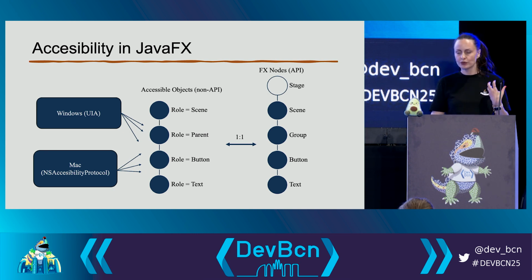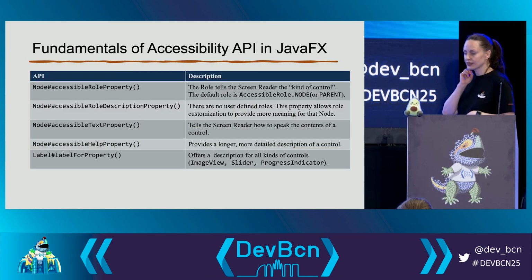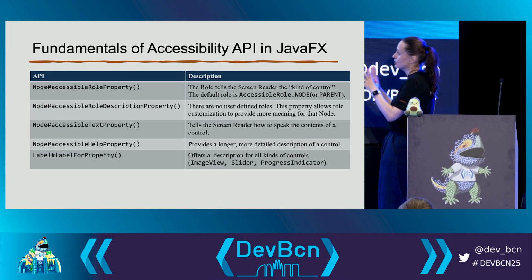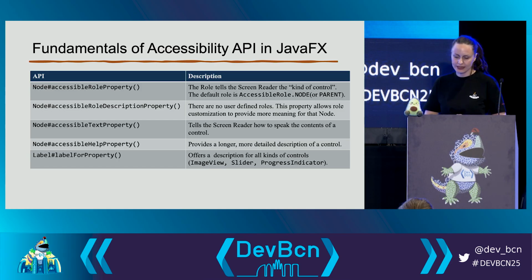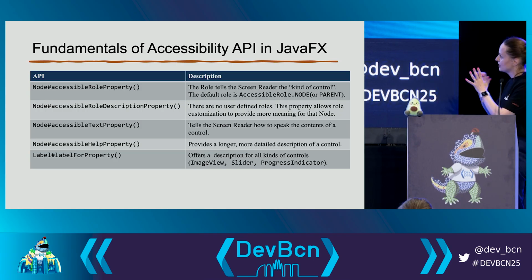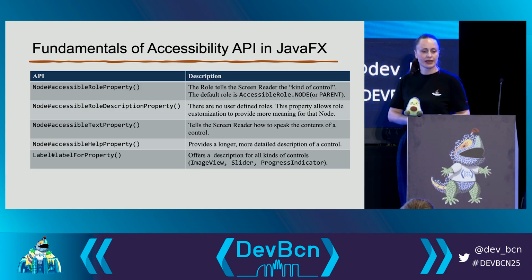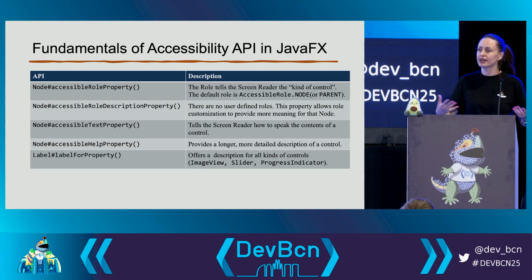So how do you interact with the role that comes with your operating system when you are in JavaFX? There's a fundamental API for that, so that you need to know. The API for JavaFX, when it comes to accessibility, has just these 5 things that you need to bear in mind, and it helps you with a few things. The first one is about providing a role.